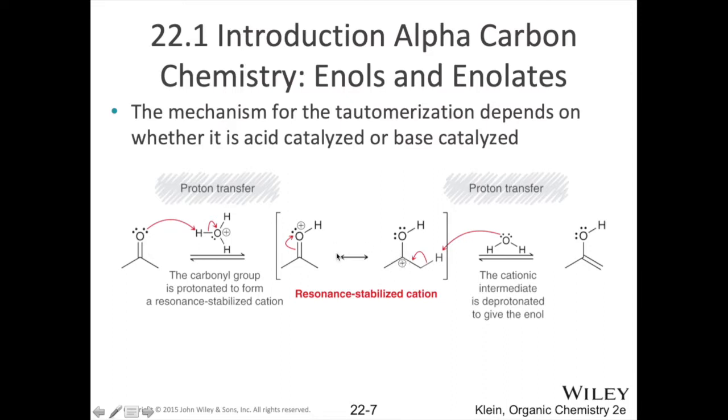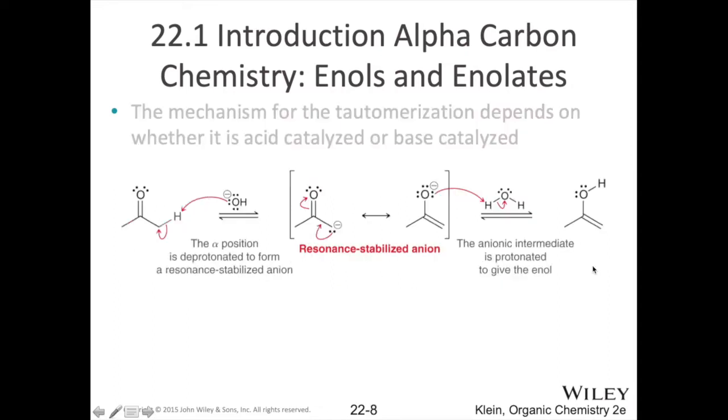Okay, so we have this resonance stabilized cation that results, and so this is a relatively stable transition state. Now that being said, you can return this to a neutral molecule then by deprotonating that alpha carbon and forming the alkene part of our enol.